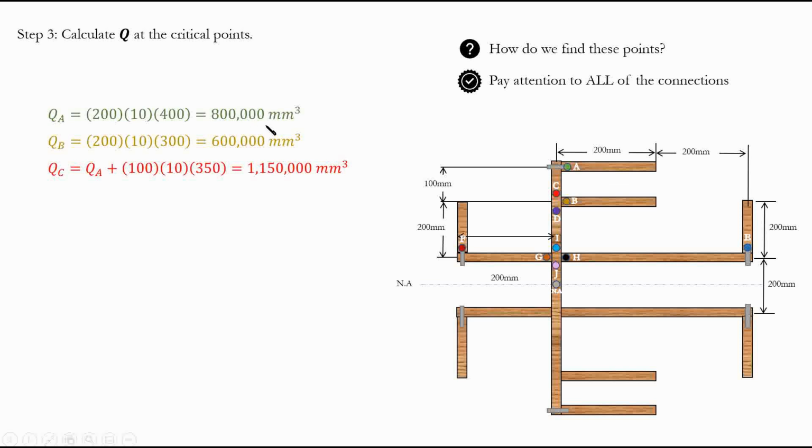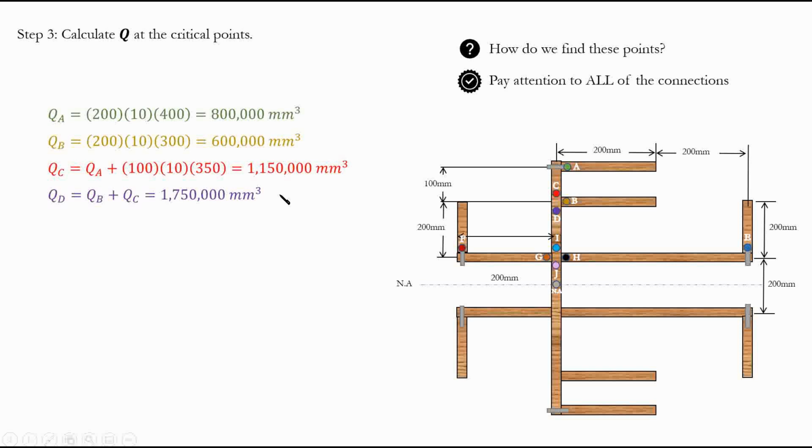So we can be smart and say that QA, which is what we know, plus the Q for this segment, which is going to be 100, multiplied by the thickness, 10, multiplied by distance. What is the distance? It's 100 plus 200 plus 50, right, for this segment. So 100 times 10, which is the area, multiplied by distance from the neutral axis. Again, the distance from the centroid of that segment to the neutral axis. From that, you can get this value.